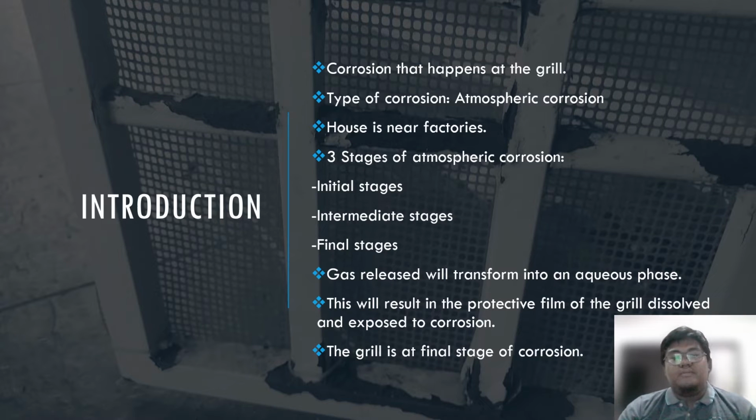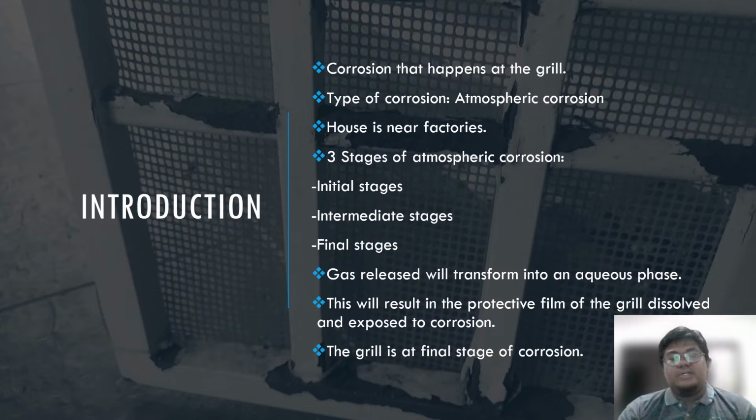When gases from factories are released, they transform into an aqueous phase and can act as a medium for electrochemical reaction. This will lead our steel grill's protective film to be dissolved and expose the steel to corrosion.